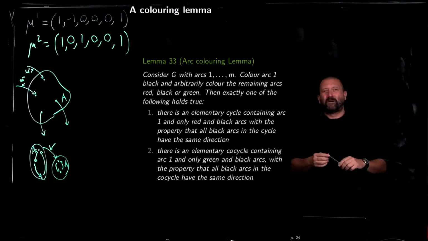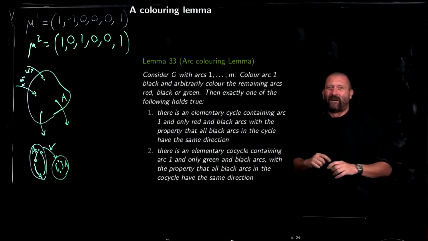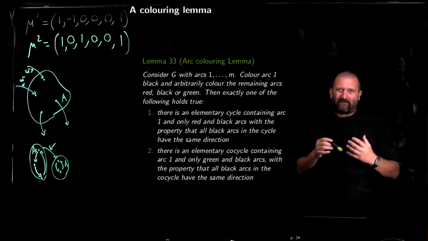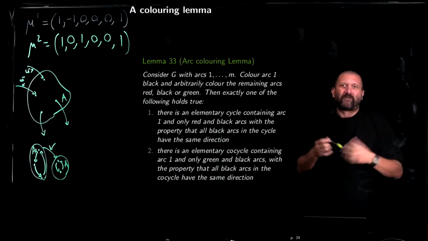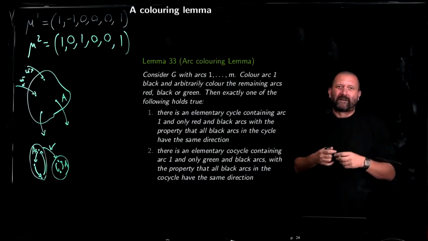Now you'll see many of those. This is just for interest. We might see a few other such results, but just for your interest in general, I'm going to give you what is called a coloring lemma.